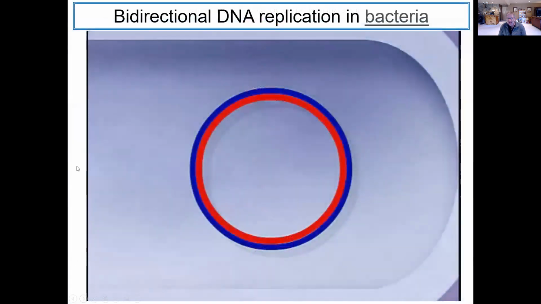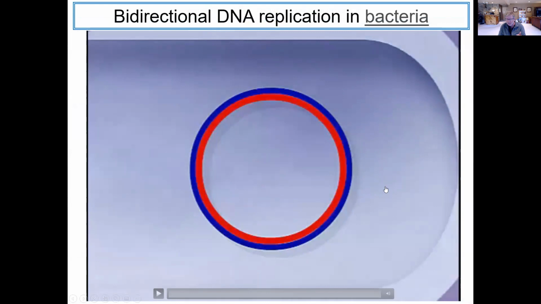Now let's look at this process as it occurs within a bacterial cell. And you remember that in bacteria, the main chromosome is typically composed of a circular loop. Okay, so we're going to depict that here as the blue and the red.